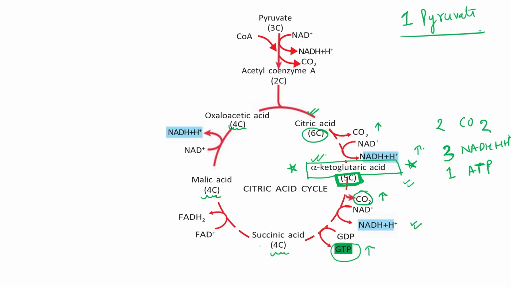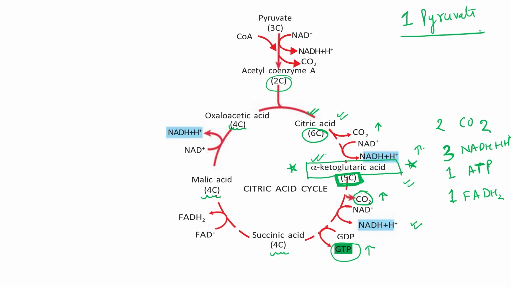Succinic acid then converts into malic acid, and during this conversion 1 molecule of FADH2 is again produced. Then malic acid converts into oxaloacetic acid, a 4 carbon molecule, which combines with acetyl coenzyme A and again produces citric acid, a 6 carbon acid.